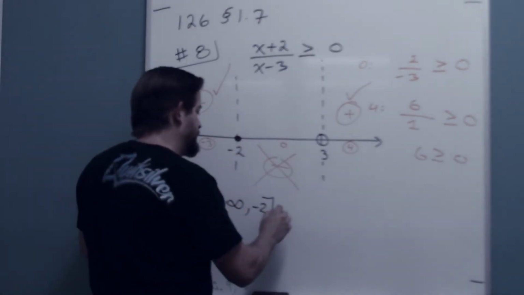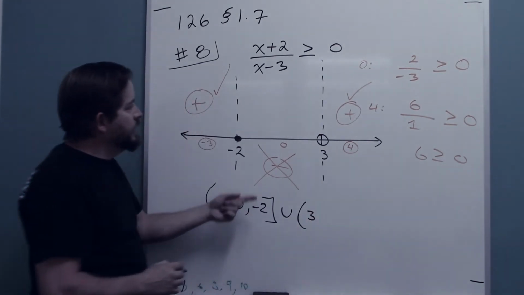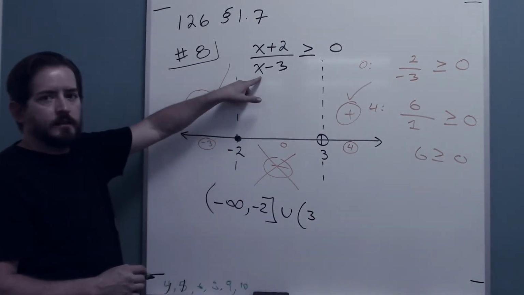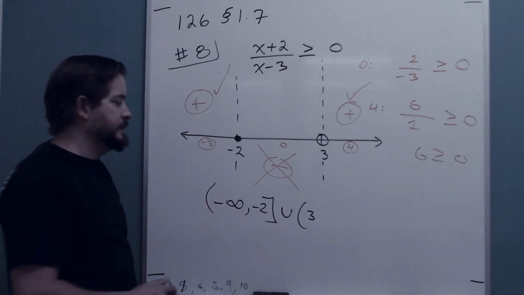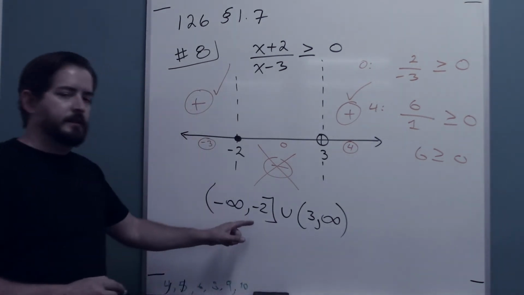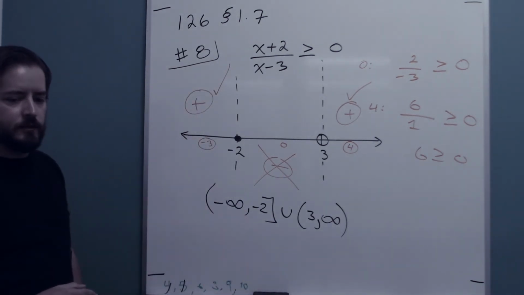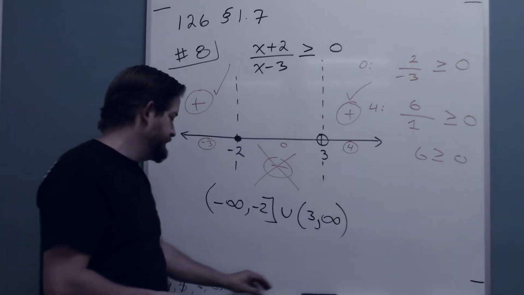I have this gap in the middle, but then I'm going to start back up at 3, but 3 was not in the domain because it's not allowed. And so I don't have a bracket on 3, I have a parenthesis, and then this goes off to infinity, and we have that interval, and that's our interval notation. Okay, good.